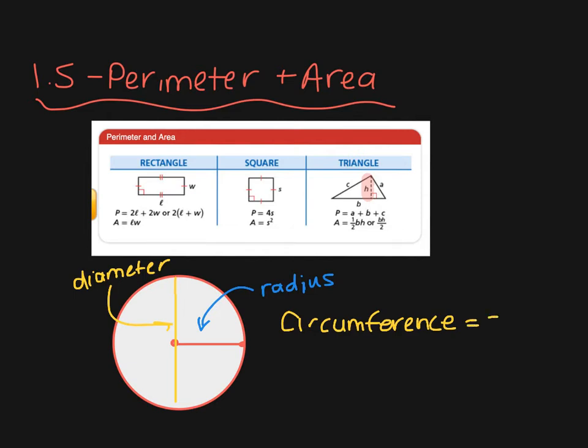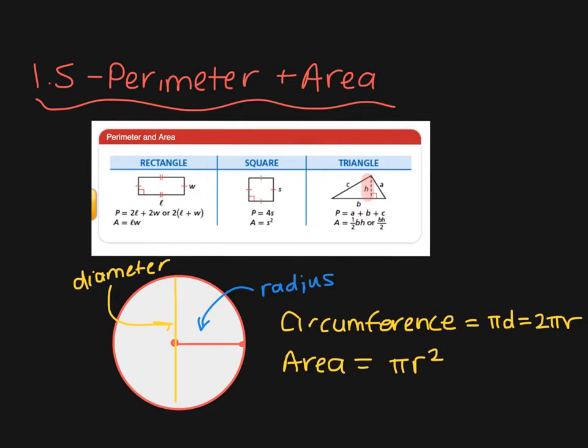And to find that, it is pi times d or 2 pi r, because those are the same thing. 2 times r would give you d, which is your diameter. And then the area of a circle, which is pi r squared. So those match questions number 8, 9, and 10. Again, I'll write that at the end from your packet.